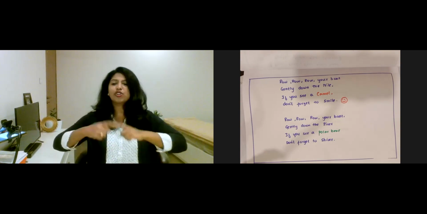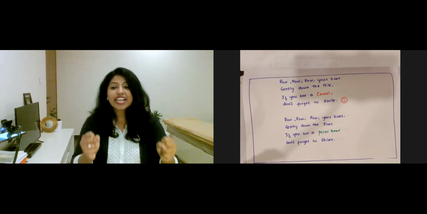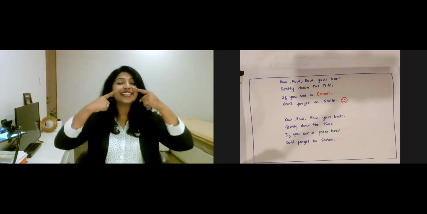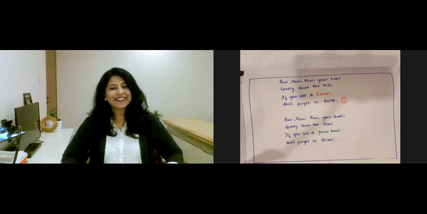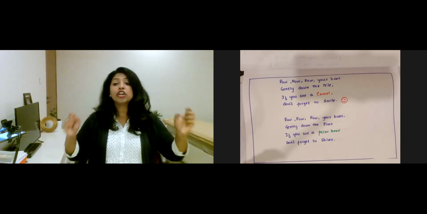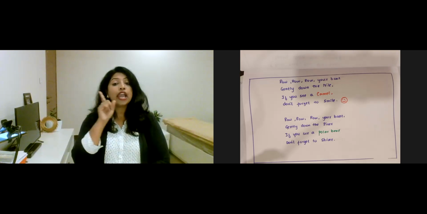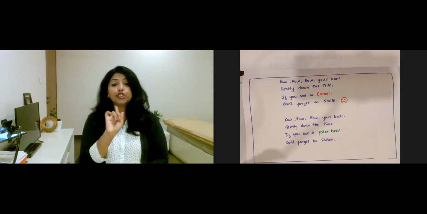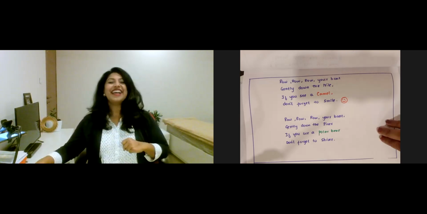Sorry, I could change this. Row, row, row your boat gently down the Nile. If you see a camel, don't forget to smile. Row, row, row your boat gently down the river. If you see a polar bear, don't forget to shiver.